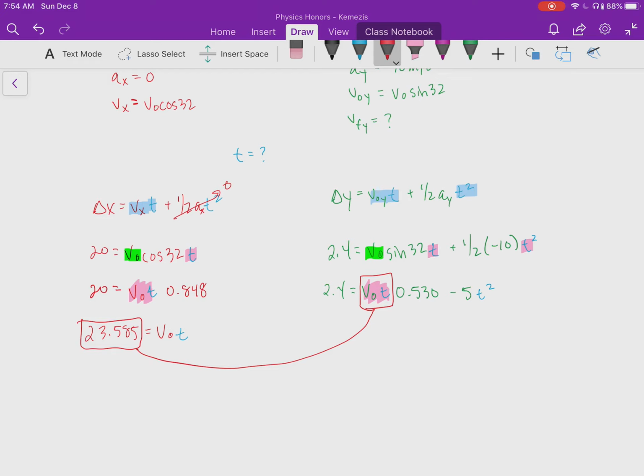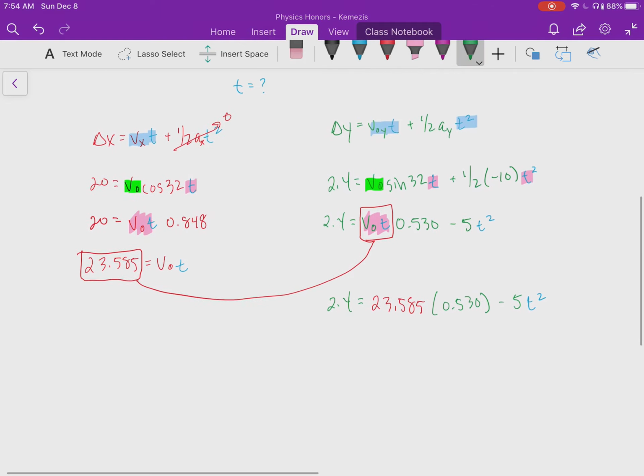So this eliminates that. So we get 2.4 is equal to 23.585 times 0.530 minus 5t squared. I believe in your math skills that you can solve this equation to get time, and time is going to be equal to 1.42 seconds.